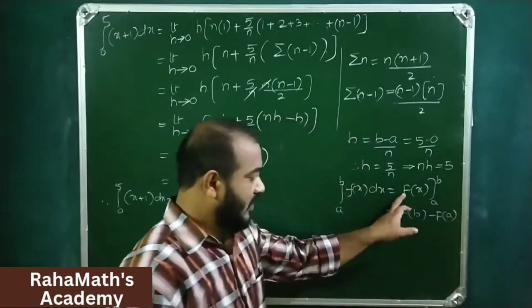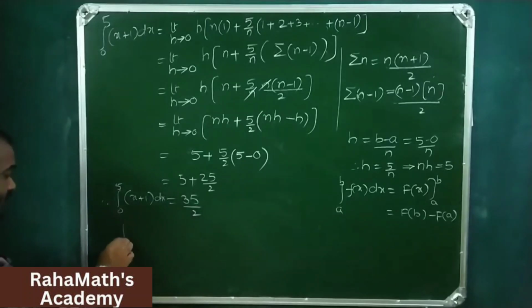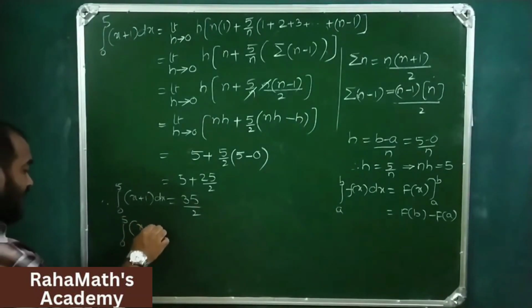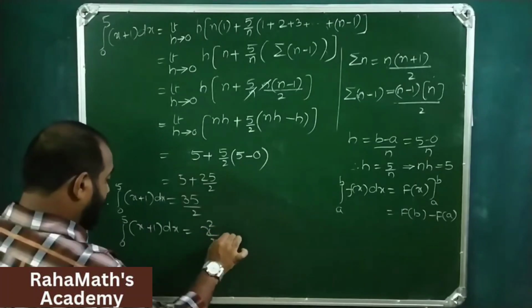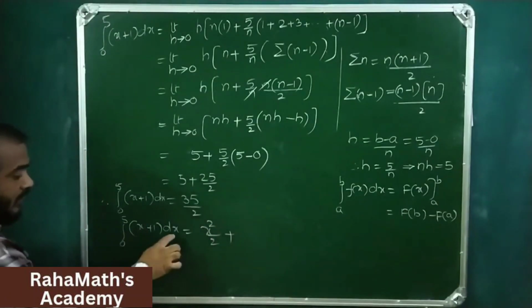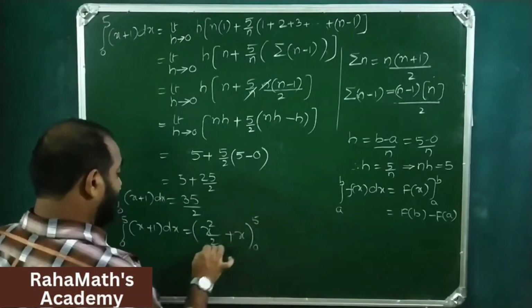So here, what is this F? Integral 0 to 5 of x plus 1 dx is equal to integral x dx, which is x square by 2, plus integral 1 dx, which is x, from 0 to 5.